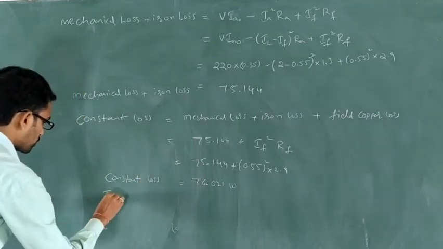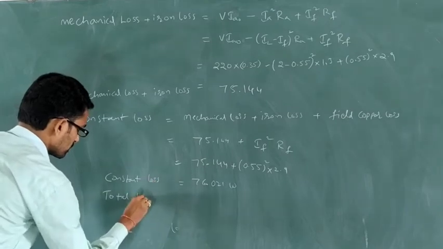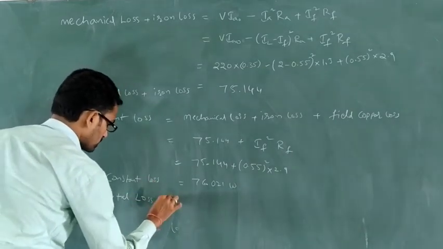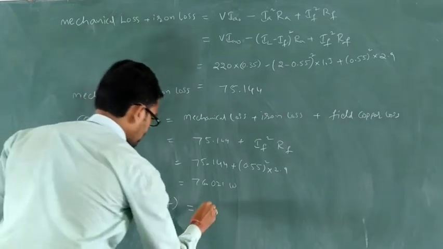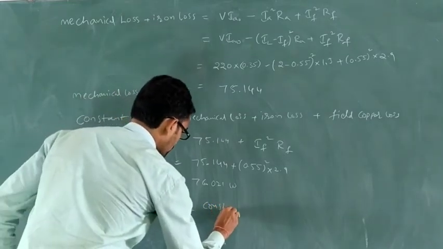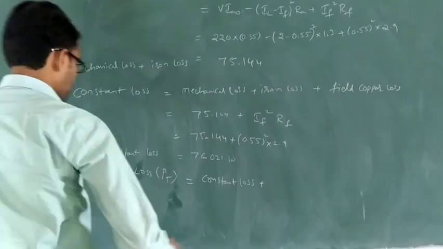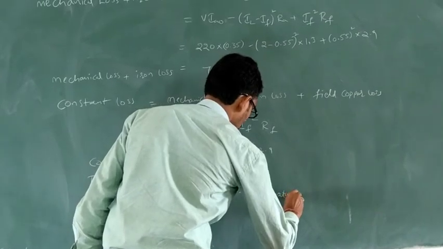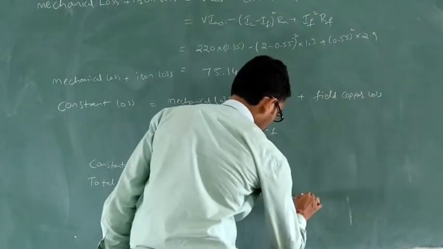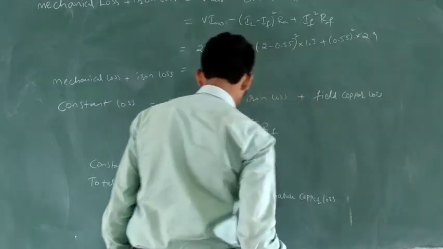But the total loss, that is PT or Wt, you can consider, is constant loss plus armature copper loss, which is the variable loss.